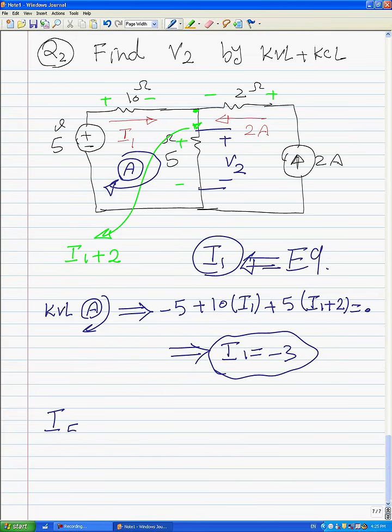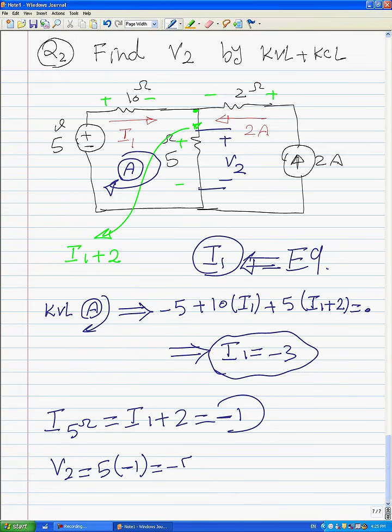The current of the 5 ohms is equal to I1 plus 2, which is equal to minus 1. That's why we can say V2 is equal to 5 times minus 1, which is minus 5 volts. This is the final answer for V2, for I1, and for I5.